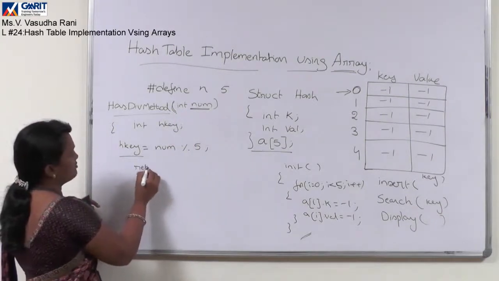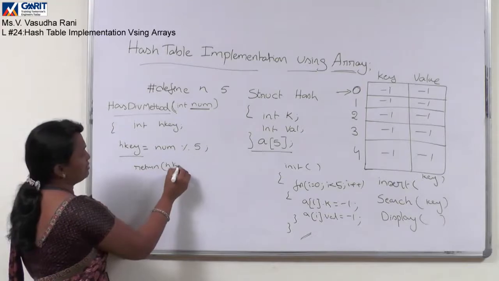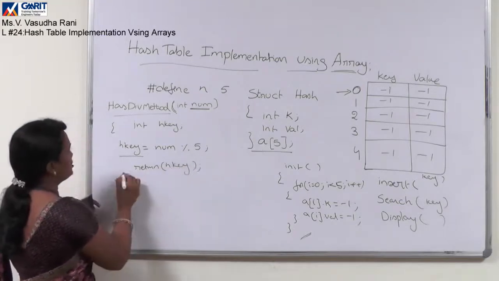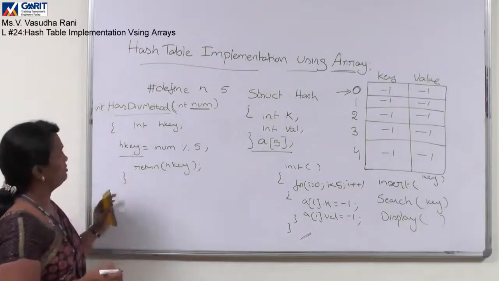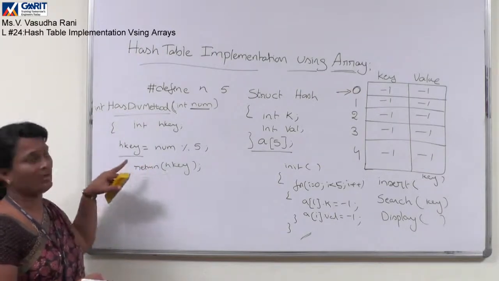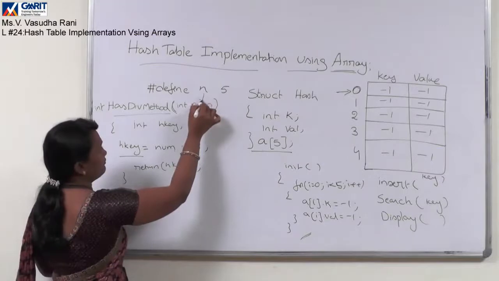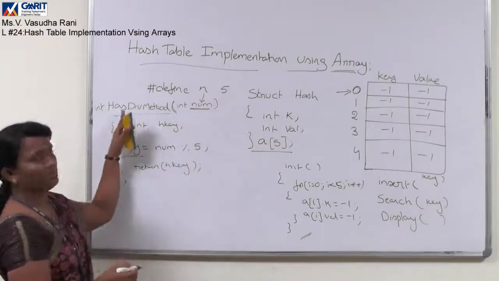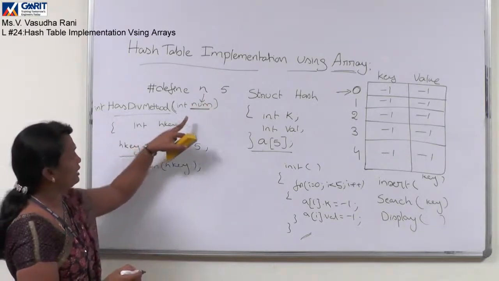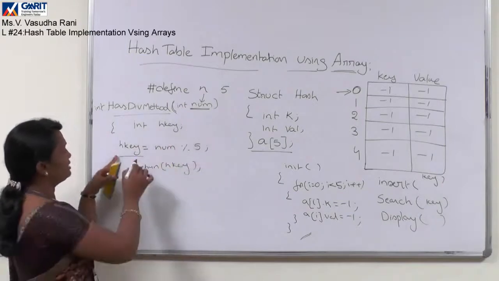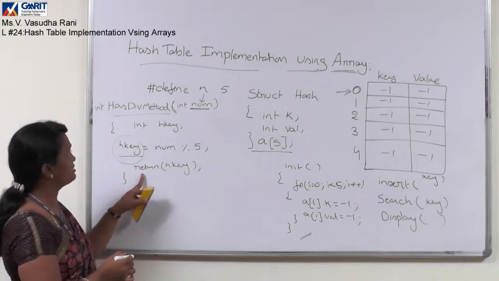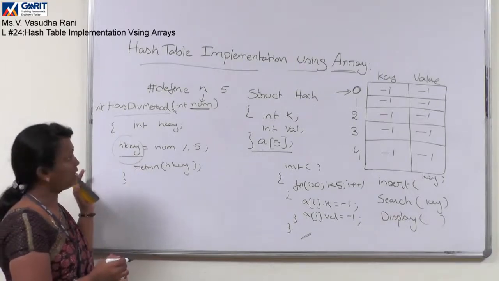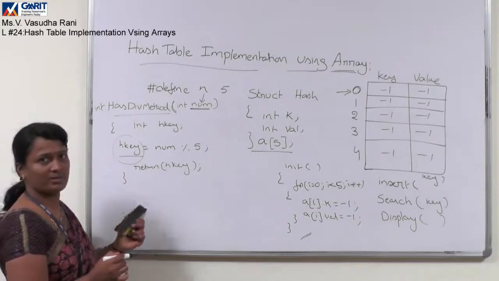The hash division method returns h key. Here the return type is integer. So how this hash division method works: if you give a particular key value to it, taking that key value, it calculates the index generated for it, and returns the index back. This is our hash division method.